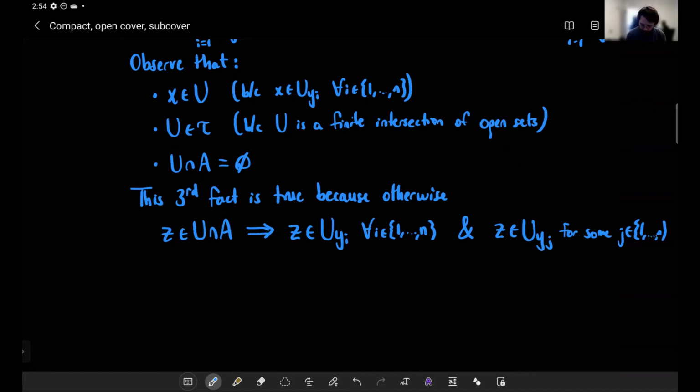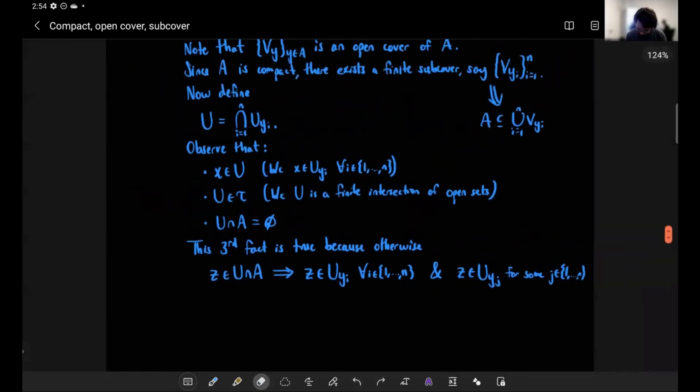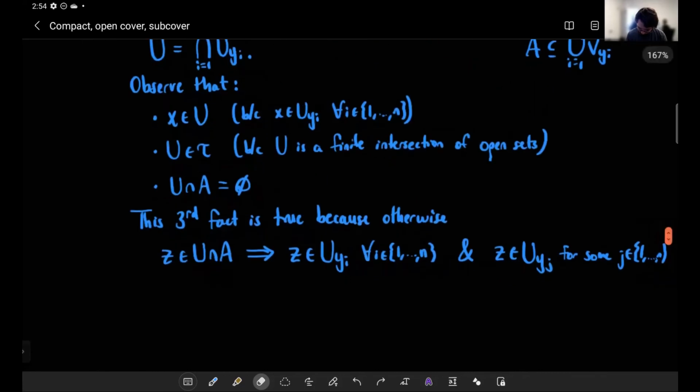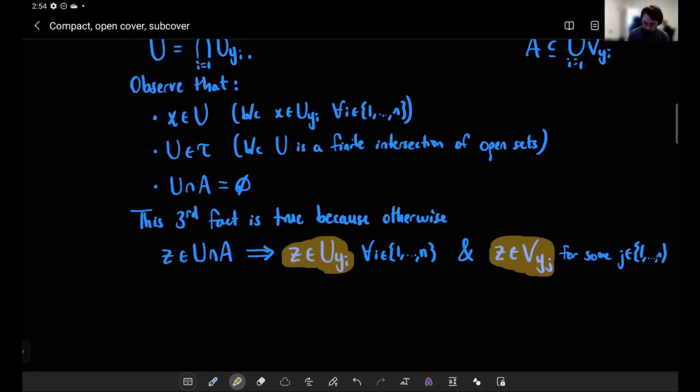Okay, and hopefully you see a contradiction here. Z is in U sub y sub j. And Z is also in, did I write this wrong? That was supposed to be a V, wasn't it? One of these was supposed to be a V. Yeah, that's supposed to be a V. My mistake. Now you hopefully see the contradiction. Z is in V sub y sub j, but it's also in U sub y sub j. In particular, because j is one of these guys.